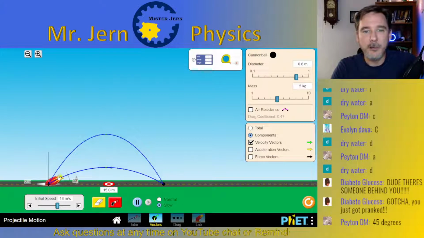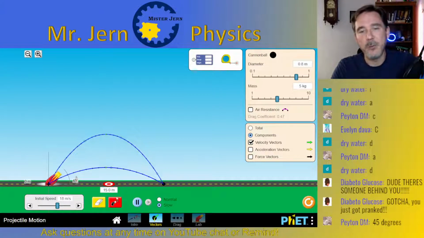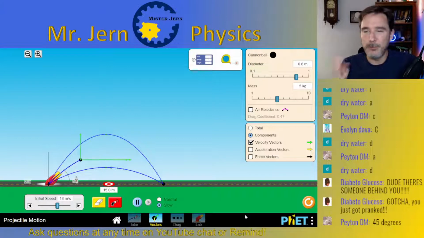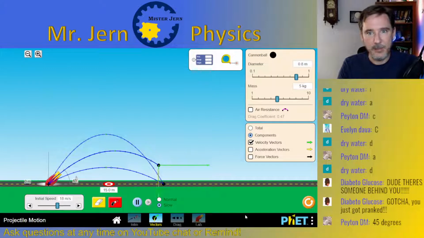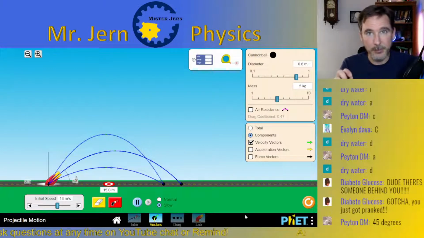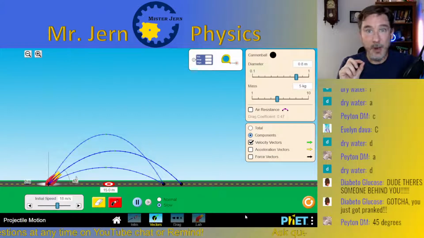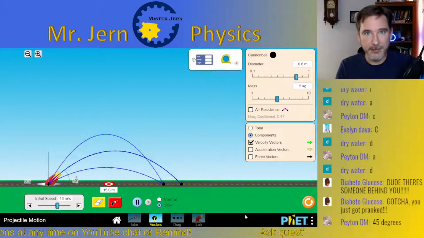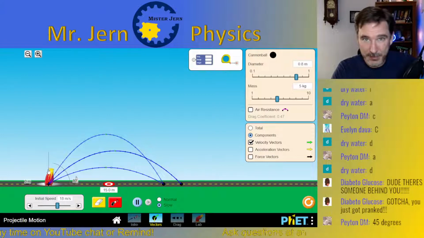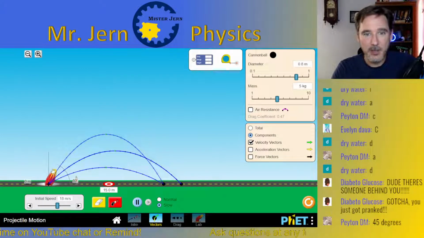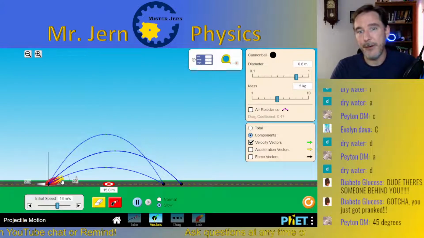And when you get the right combination, like 45 degrees, it goes the farthest, because it's the best combination of vertical velocity, so it has some time in the air to actually go somewhere, and horizontal velocity, so that while it's in the air, it could go fast and far. Every other angle besides 45 has either too much height and not enough horizontal speed, or it's got faster horizontal speed but not enough height to get very far.